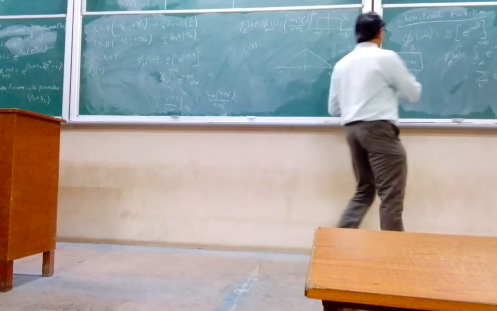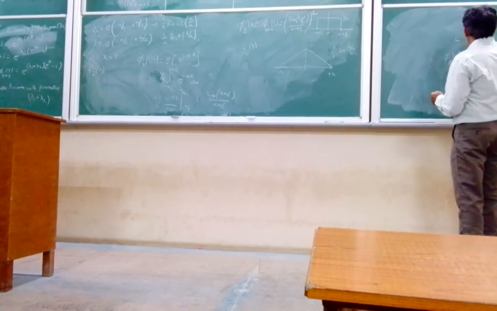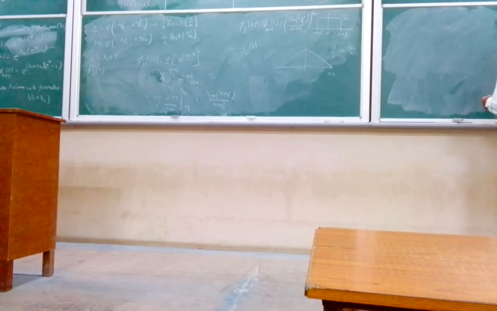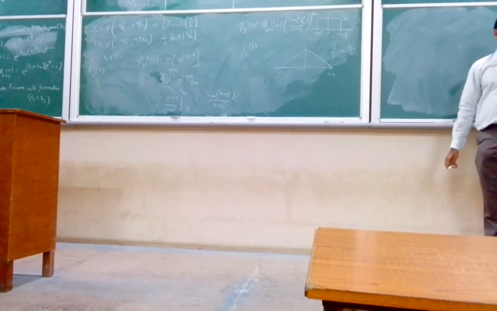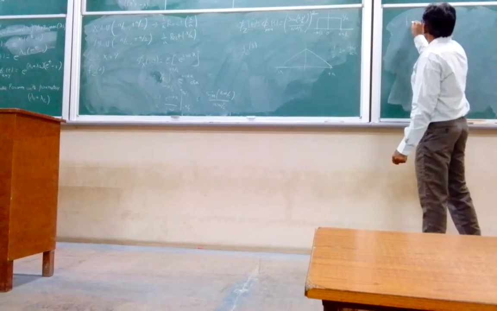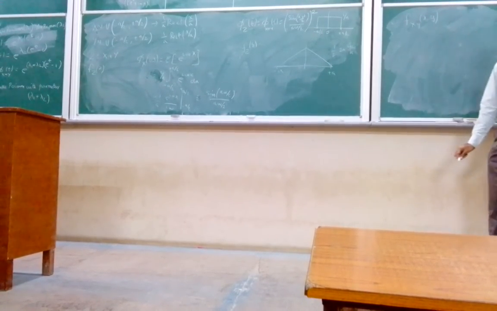you can have joint density functions and joint cumulative distribution functions defined for random variables which are related to each other. How? F_XY(x, y), and so on.